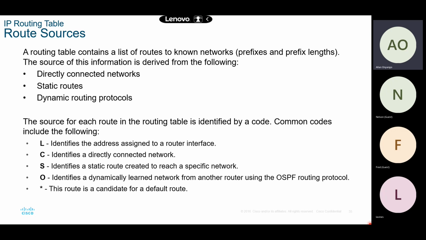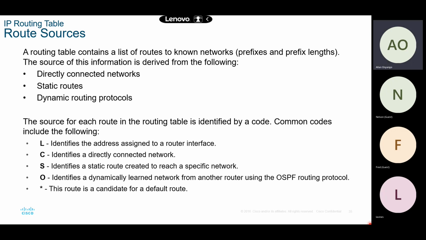I already showed you: you just configure the interface IP addresses and activate them. They can be remote networks, configured through static routes by manually entering the remote networks, or configured dynamically by using dynamic routing protocols like OSPF, EIGRP, and so on.